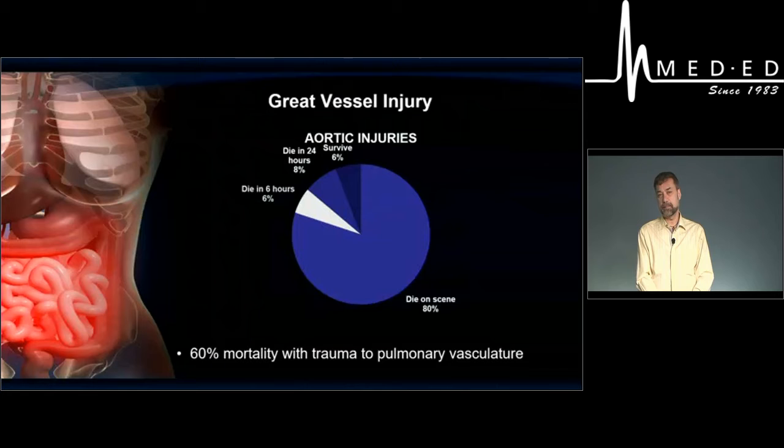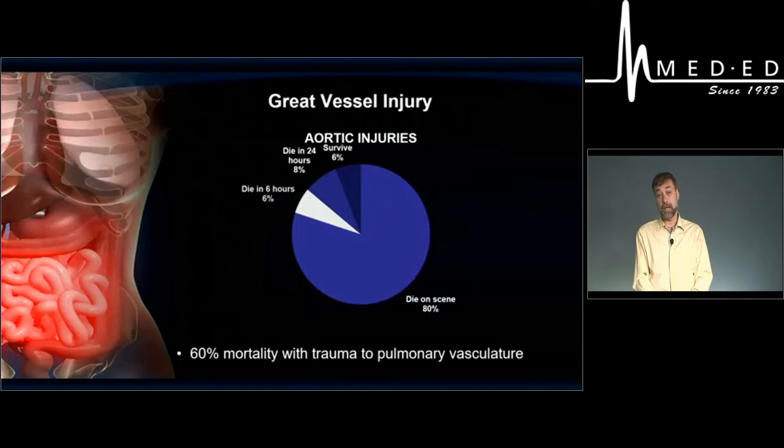But with that being said, the news for aortic injuries is not good even if you survive to the hospital. If we look at statistics, of the 20% who actually survive to the hospital, 6% of those patients will be dead within 6 hours of arrival. 8% will die within the first 24 hours of hospitalization, which means that only about 6% of patients with aortic injuries actually survive to discharge.